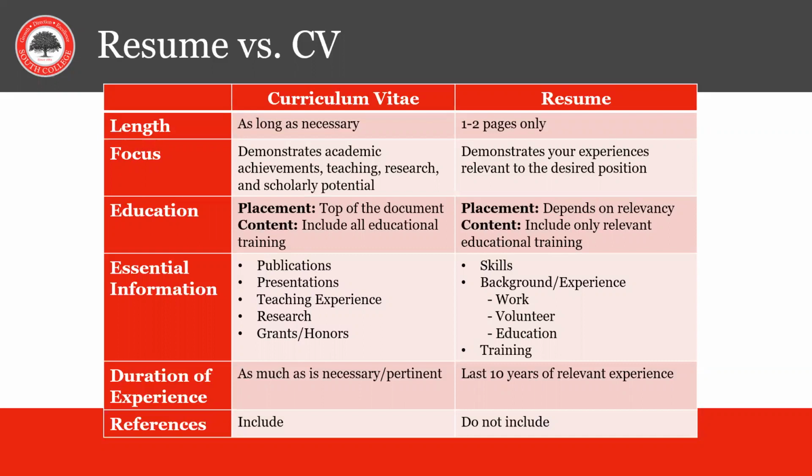Oftentimes, when we're looking at the difference between a resume and a CV, you're going to see that resumes include bulleted lists to keep information concise and easier to read. On a resume, you will list relevant education only. So for example, let's say you achieved an associate's degree in nursing or an associate of science in nursing, and you just recently finished your master's degree.